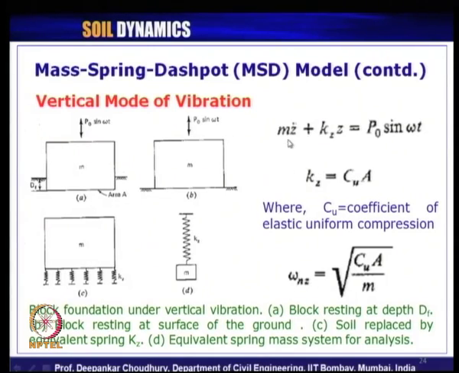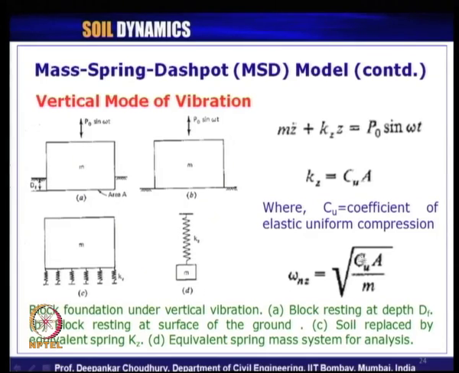Ignoring dashpot, it will be m z double dot, where z double dot is nothing but acceleration in z direction, plus Kz times z equals P naught sin omega t. And Kz we have seen equals Cu times A. Cu is nothing but coefficient of elastic uniform compression, we have already mentioned. So, omega n z, that is natural frequency, is calculated as root over Kz by m, which is nothing but root over Cu A by m.